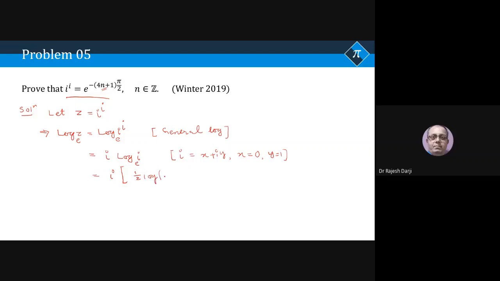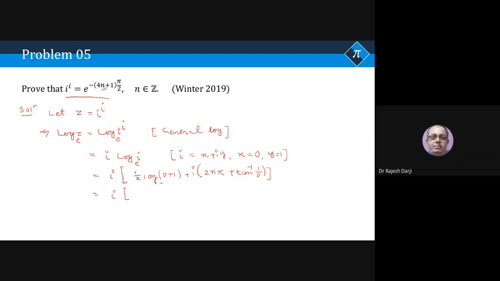log of x square plus y square, plus i times, general log is taken, so 2n pi plus tan inverse y by x, equal to i.